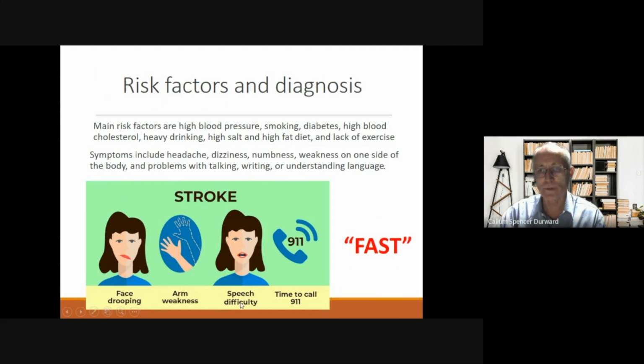S is for speech difficulty. So are they having trouble speaking? And T is for time. And it's important that patients with stroke are transported to the hospital quickly. So time to call 911.